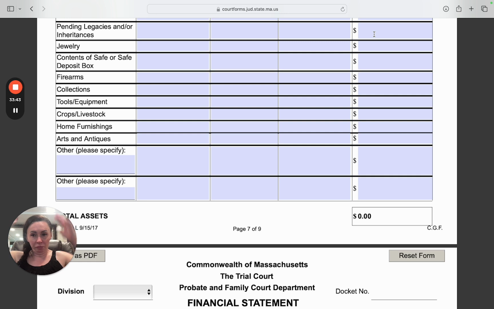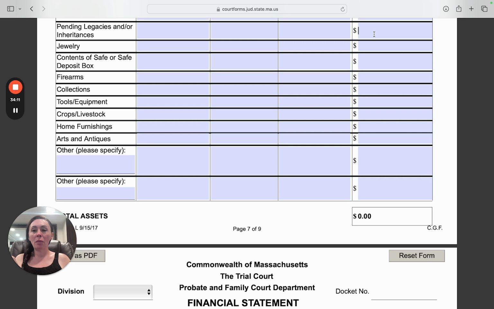The one thing I will say about inheritances is that people change their minds. So maybe your favorite aunt today is going to leave you everything, but maybe you get into a fight with her in 6 months and she disinherits you. It's not really pending unless the person has actually deceased.